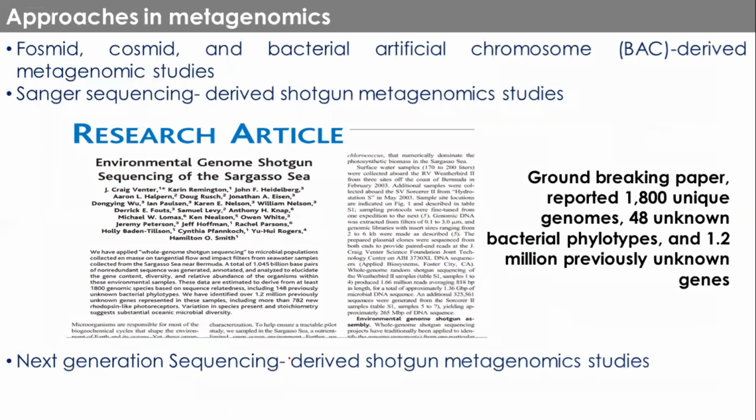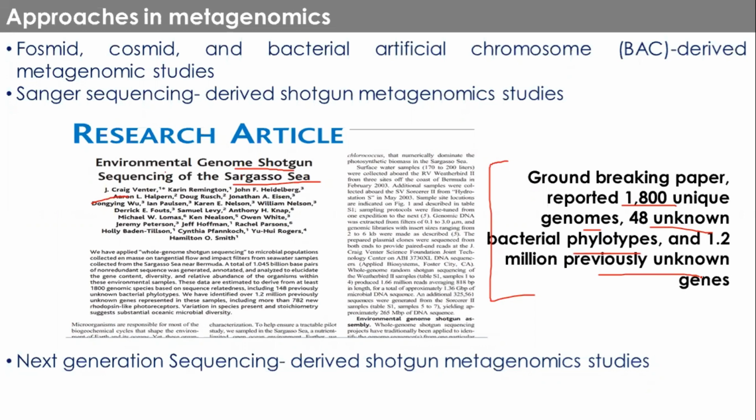One such example, a very early article, which even yesterday I shared, used environmental genome shotgun sequencing, metagenome, in the Sargasso Sea, which was the very first paper by Craig Venter et al. It found that close to 1800 unique genomes were present in the marine water, belonging to 48 unknown bacterial phylotypes and 1.2 million previously unknown genes.